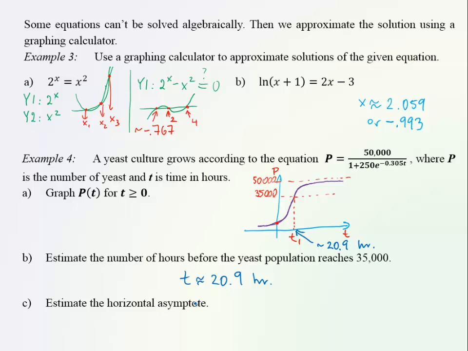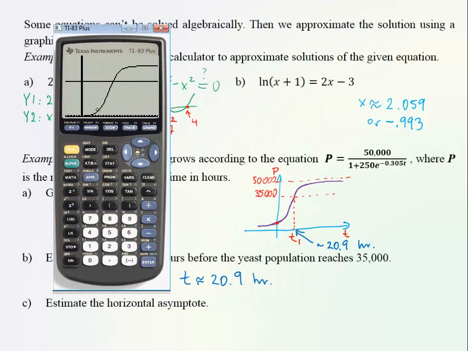Estimate the horizontal asymptote. If we want to find out the horizontal asymptote, it's a good idea to maybe trace the function. So trace that function, scroll it, and observe the y value. The y value, when I go more and more to the right, appears to be approaching 49,900, 49,990, nearly 50,000.